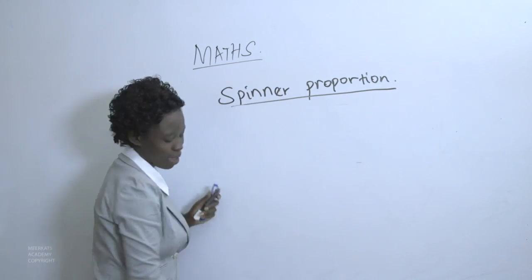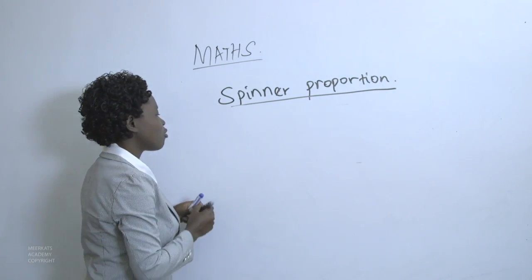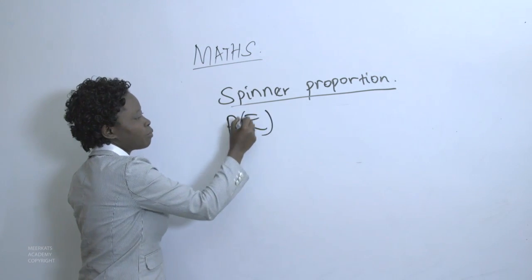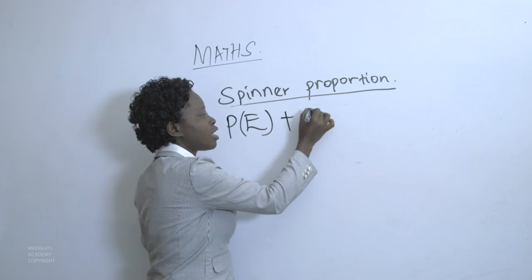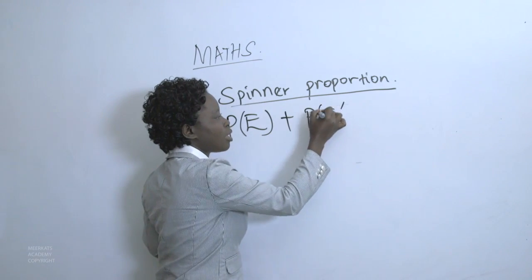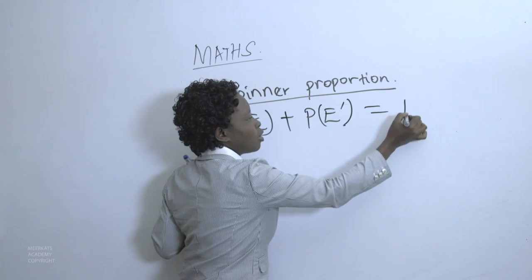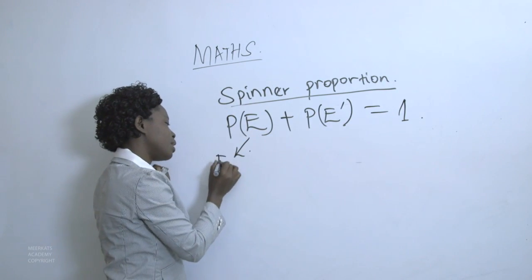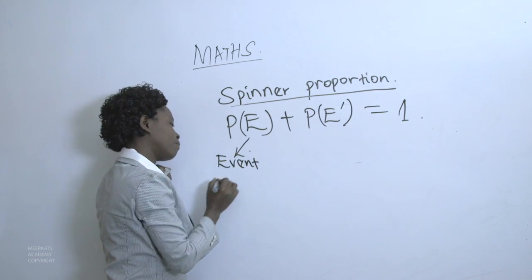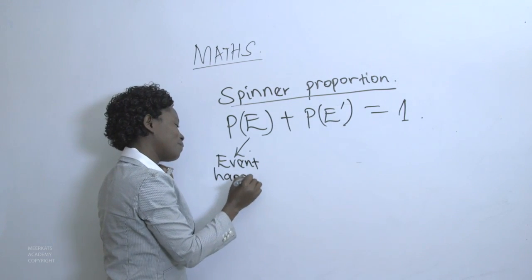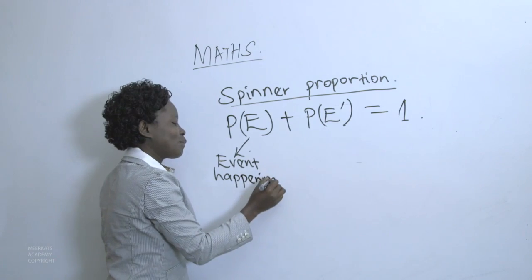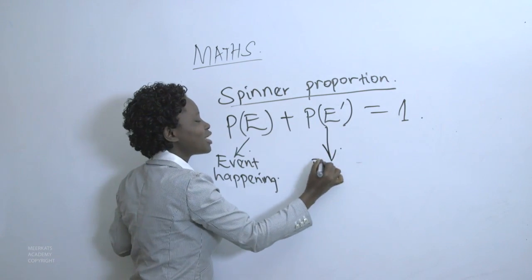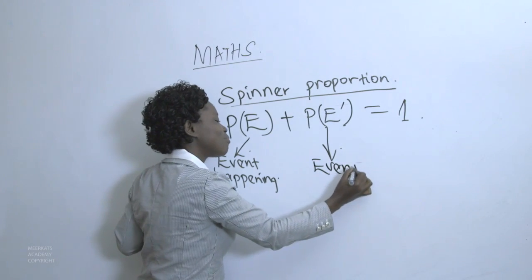So this is what happens: if you are having a chance of an event happening, we add the chance of that event not happening. We should get 1. So this is the probability, chance of event happening. Then this one is the chance of event not happening.